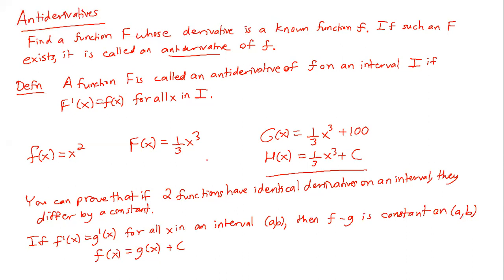What function could possibly give me that? And this tells us that the set of functions that could be the antiderivative of f of x equals x squared, we would be able to capture in some other function with constants.